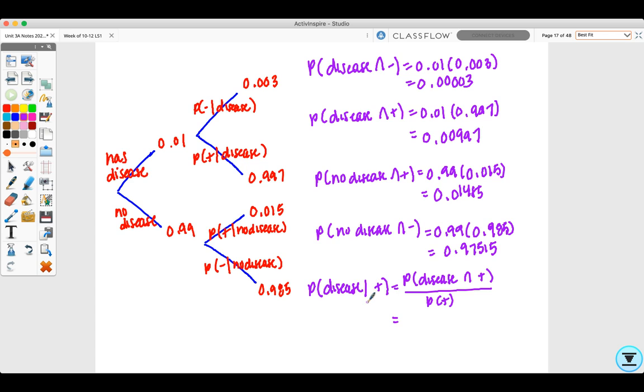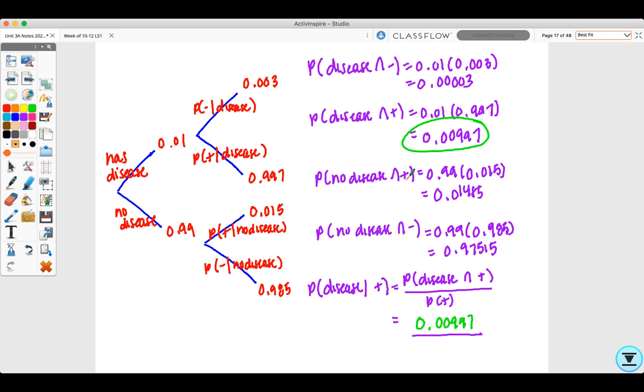So if I go ahead and look on here, disease and positive test would be right here. So that would be my first number that I would put in. So that would be 0.00997 divided by the test is positive.